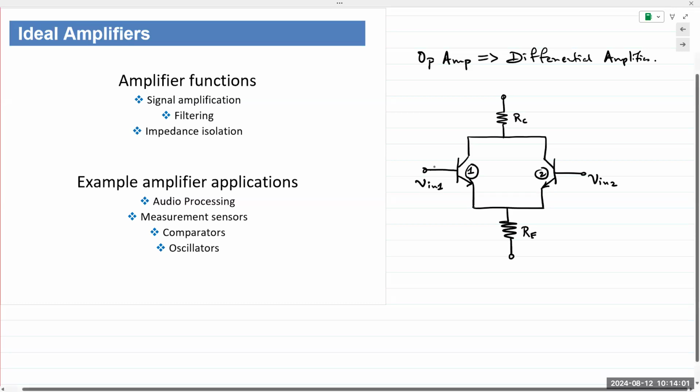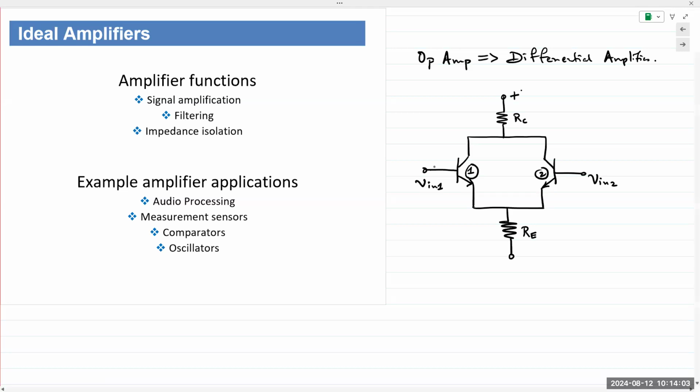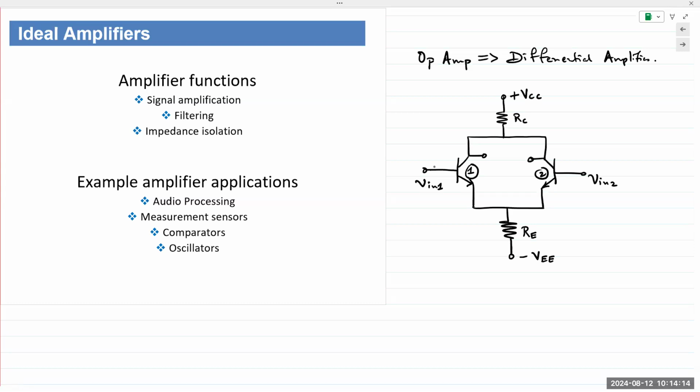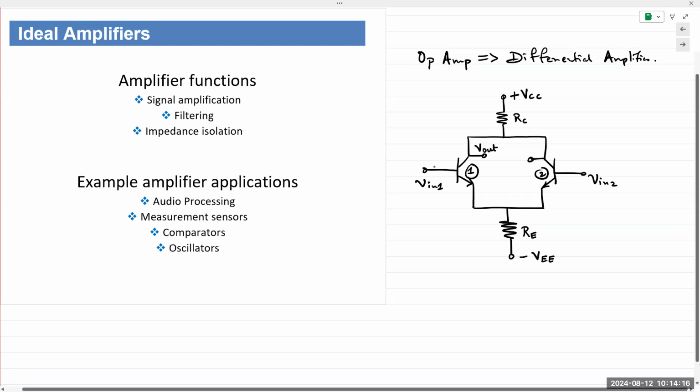This can be RE, the emitter resistance for both. And as always, positive supply and negative supply. And the output, of course, is taken at the collector. So you can say V out 1 and V out 2.